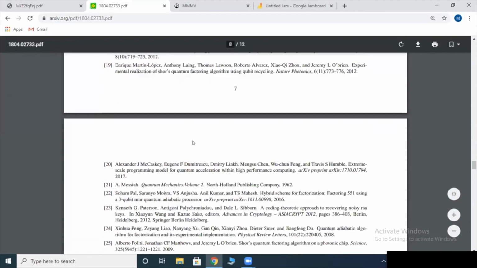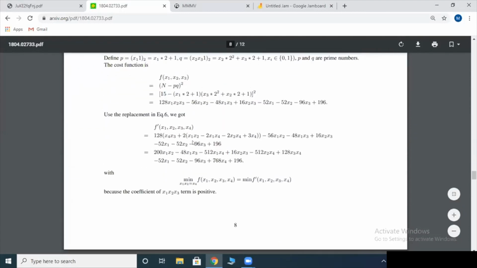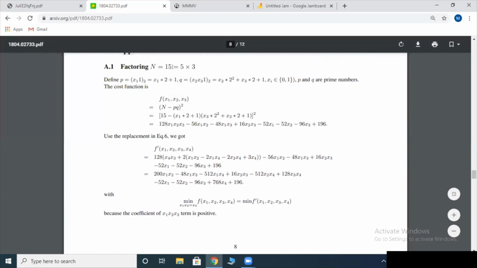Here we have a factorization problem that we are trying to optimize. Here we have 5 and 3. We are going with the assumption that the second number is always bigger.